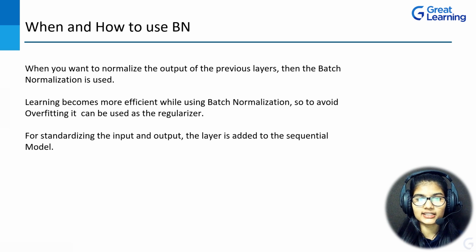So to avoid these cases, batch normalization acts and works as a regularizer. Fine. When you are dealing with batch normalization, your learning becomes very efficient. Learning means training and testing of my data becomes very efficient. When training and testing are efficient, only one thing is left which could cause some problem, and that is overfitting.